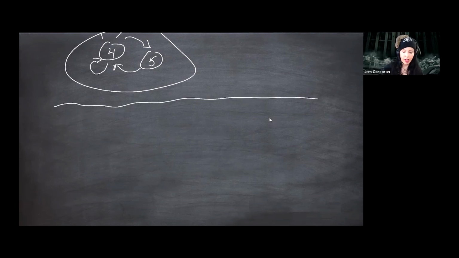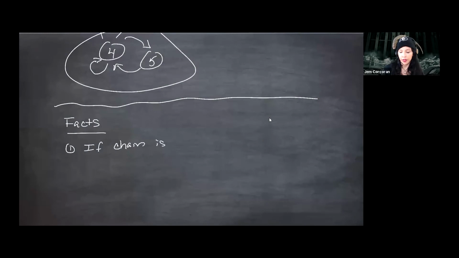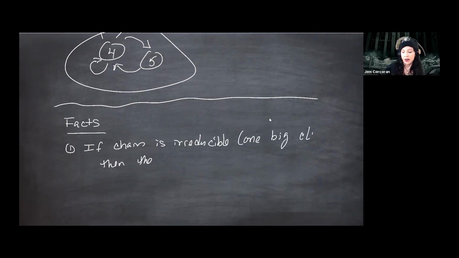So one, here are some facts. One, if the chain is irreducible, so that means one big class, then the entire chain is recurrent or transient.